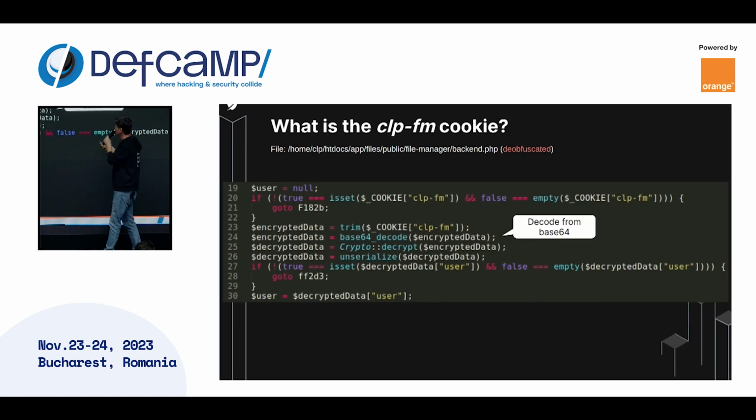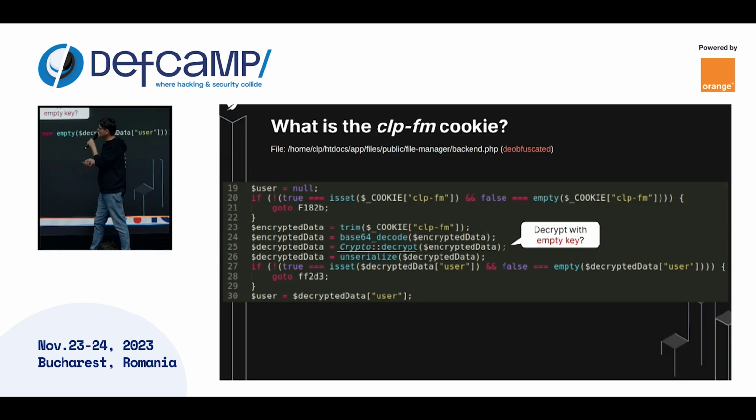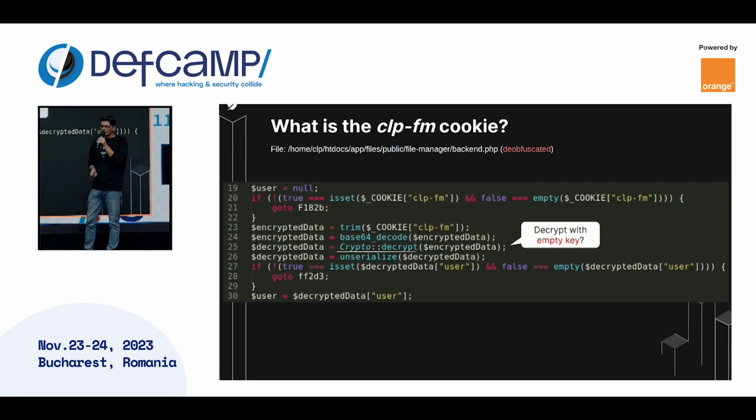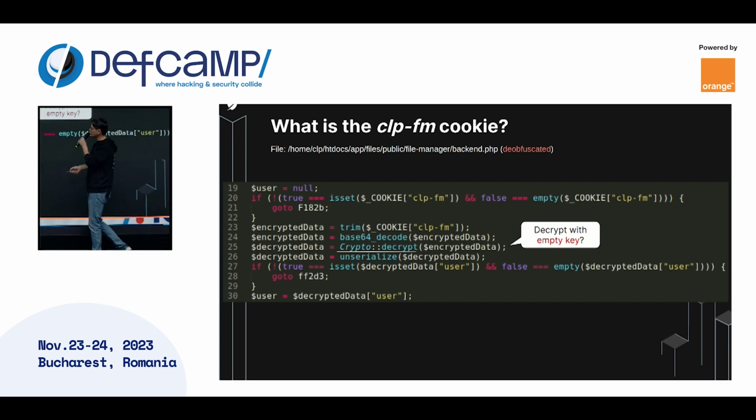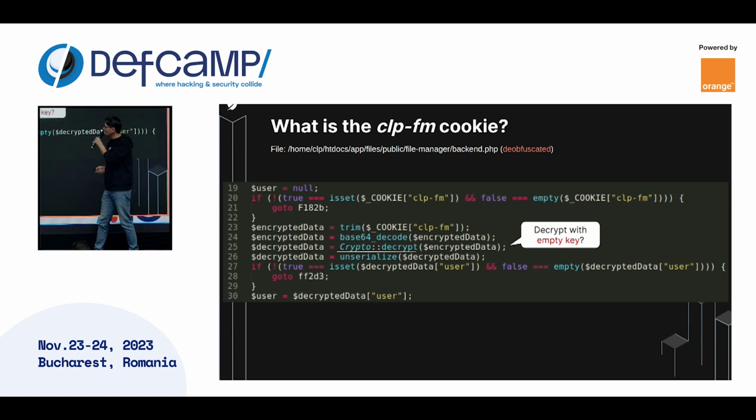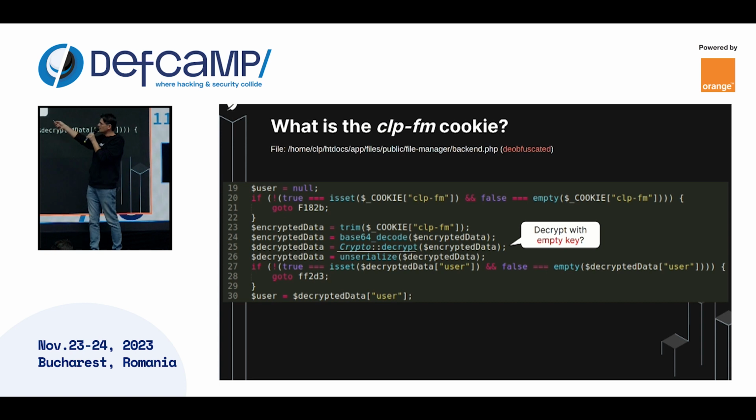Next, we decode the cookie value from base64. And then the application decrypts the data. But the question is, which is the encryption key? So it did a decryption without a key, meaning that it was either a default key used by the encryption library, or it was just an empty key.